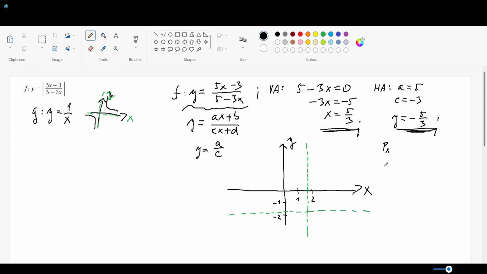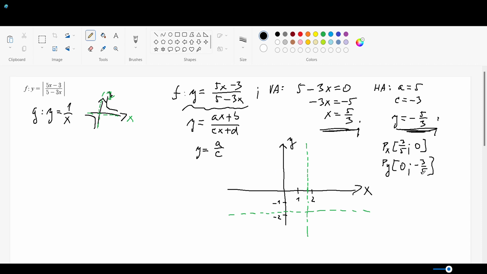The intercept with the x-axis is where y equals 0, which happens when the numerator equals 0, so it's going to be 3/5. For the intercept with the y-axis, x must be 0, and if x is 0, then it's going to be negative 3/5.